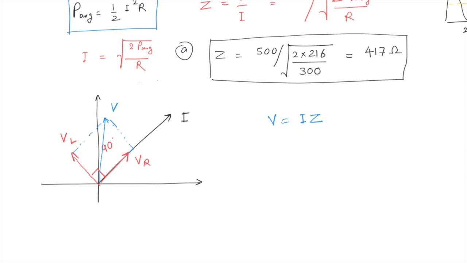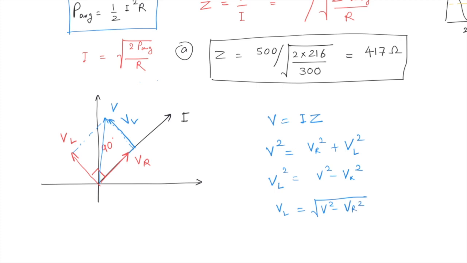So this will also become VL, and we can write V square equals VR square plus VL square, and here we need to calculate VL. So VL square is V square minus VR square. If you know all these derivations, then you can just skip directly to the final step, but I am just revising it for the sake of continuity.